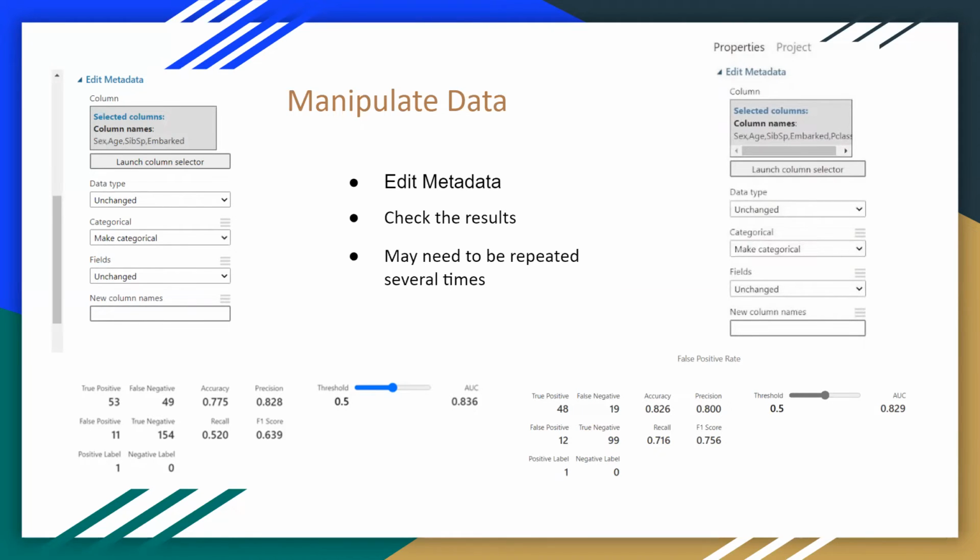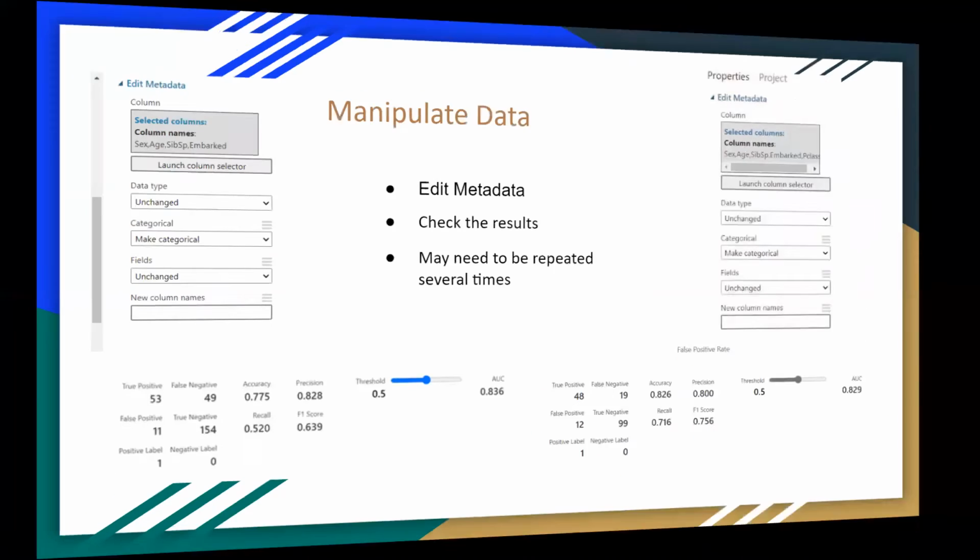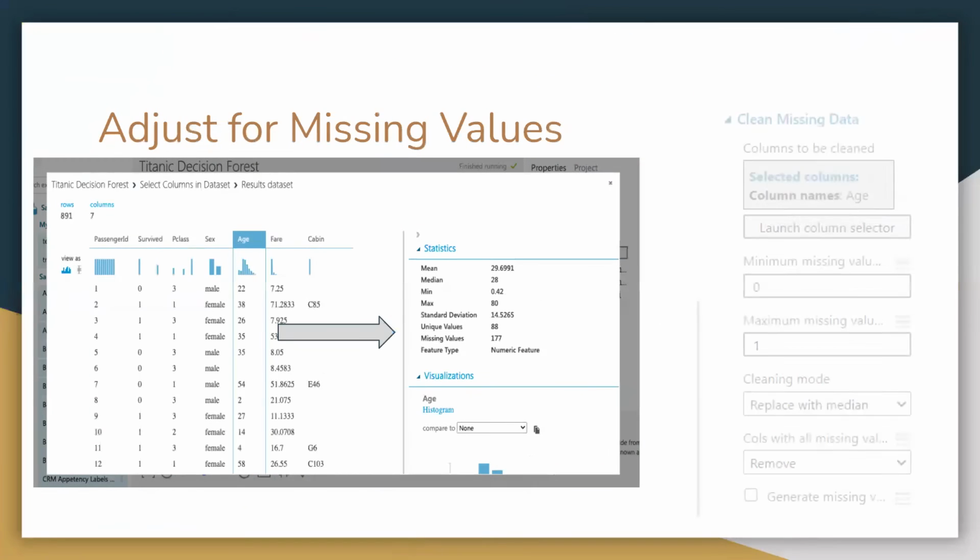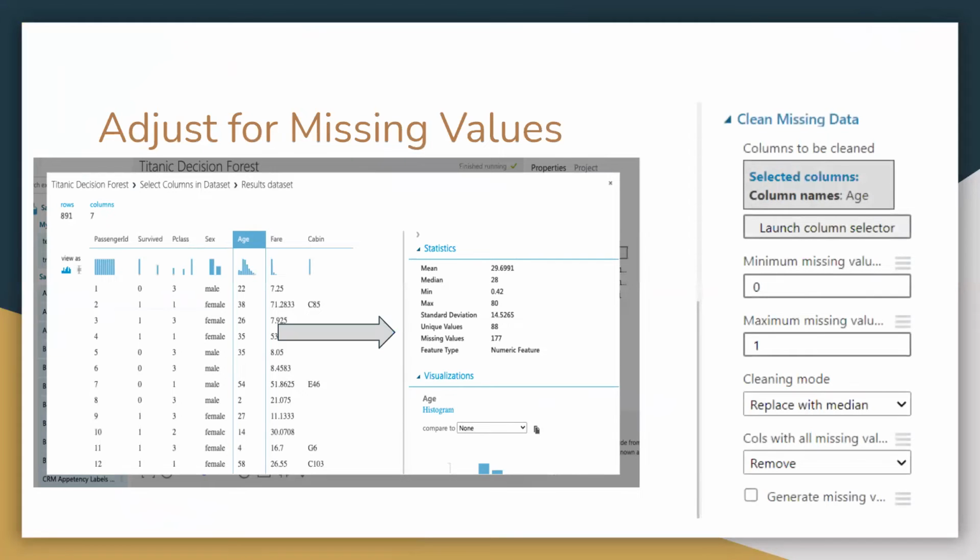We would run it, check the results, and then either add or subtract depending on what happened with the accuracy and precision. We had to adjust for the missing values, like I mentioned, with the clean missing data tool.